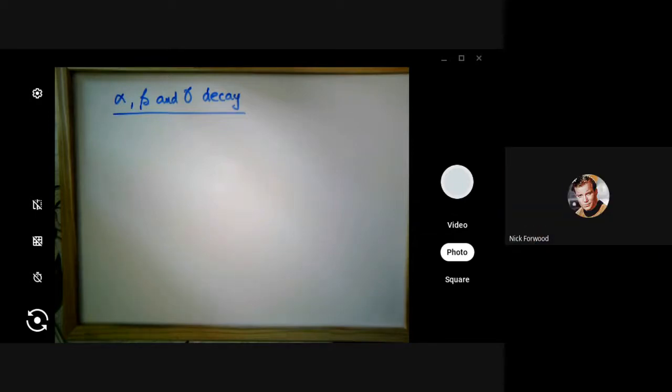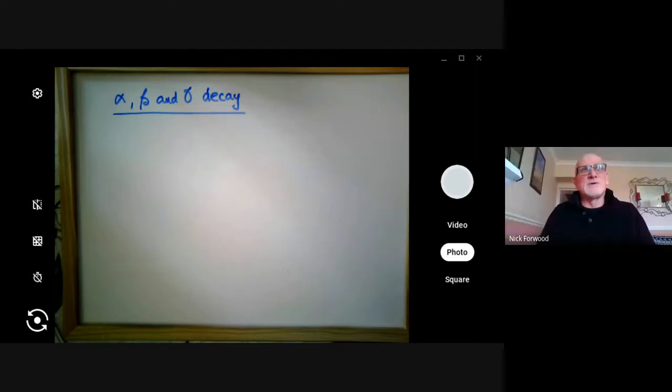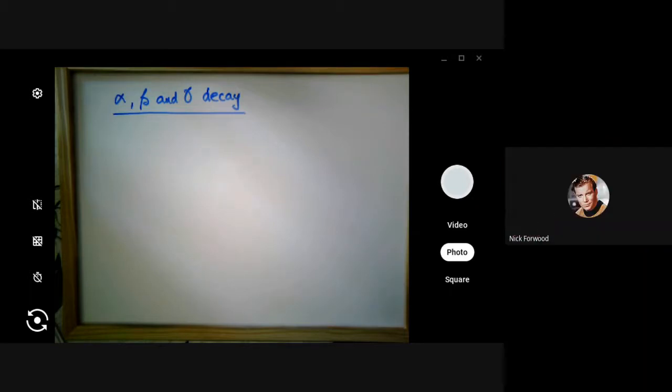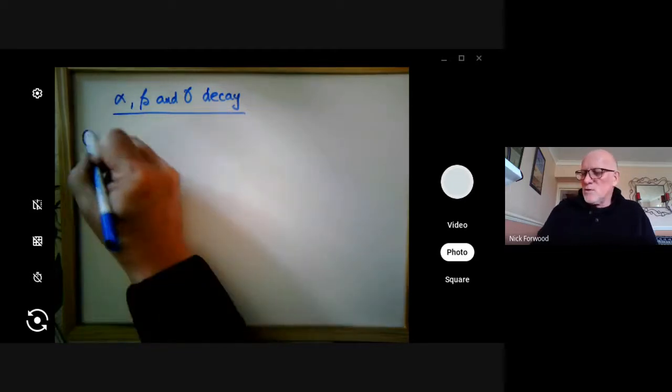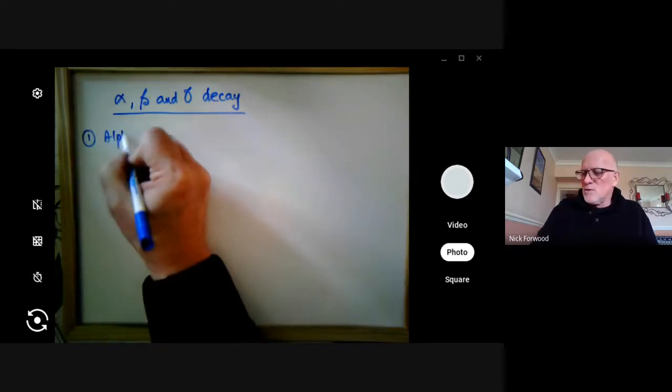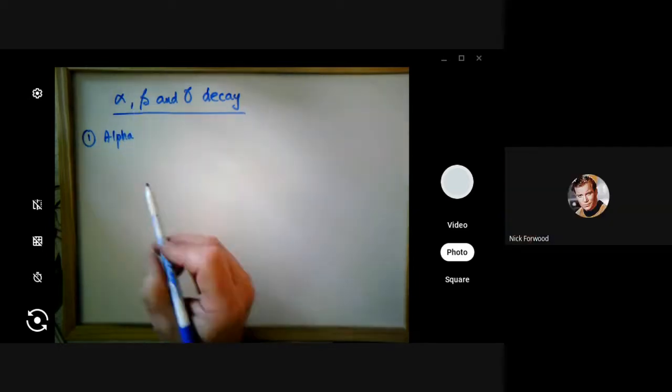Now, again, we've already done this in a broad sense, so this is going to be a little bit of revision with some extra stuff added in. So we started off doing alpha decay at National 5. We then did a little bit extra when we did standard model. And we're going to take that a little bit further in this nuclear reactions section. So section 1 is alpha decay, and then secondly, I'll do beta and then gamma.